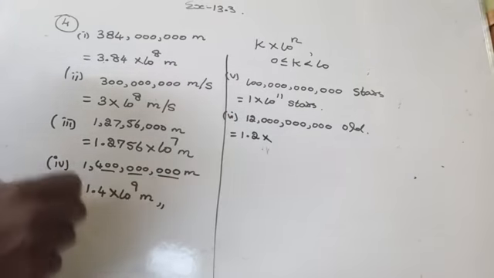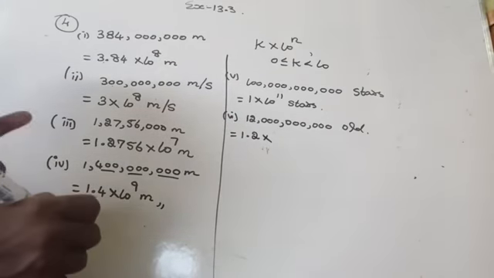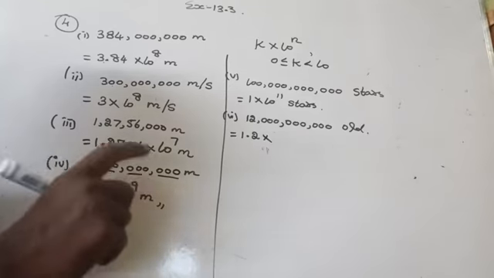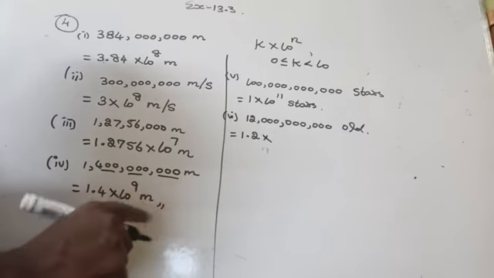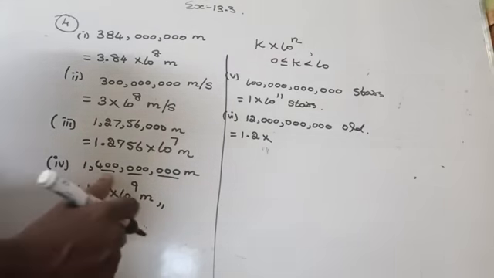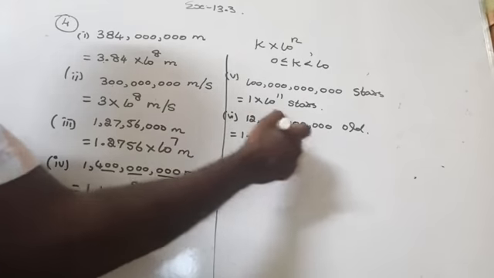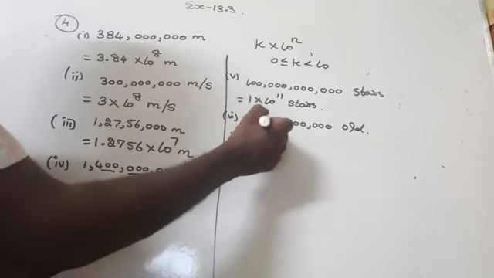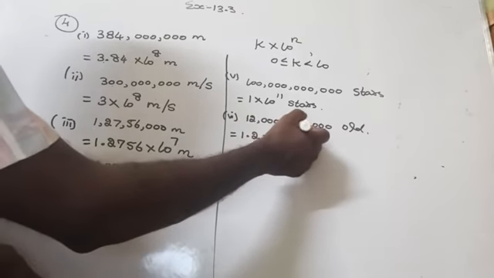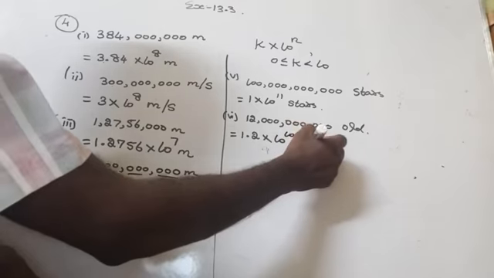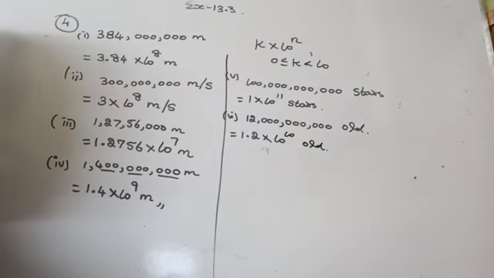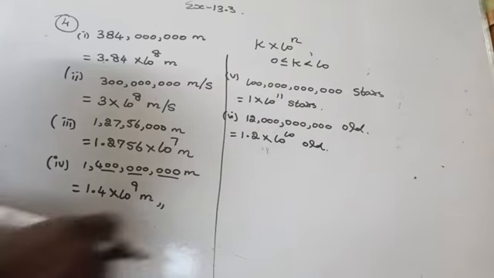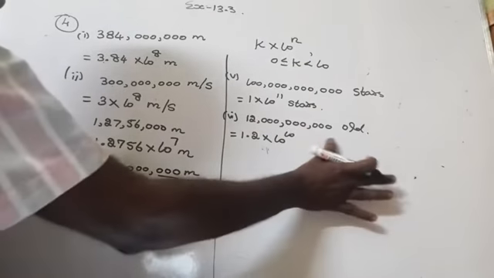You are not supposed to take 12, because that is more than 10, and the value of k should be 0 or more than 0 and less than 10. So 1.2 into, after 1, how many digits are there? 1 plus 3, 4, 4 plus 3, 7, 7 plus 3 is 10. So 1.2 into 10 to the power 10 volt. Am I right here? Yes.